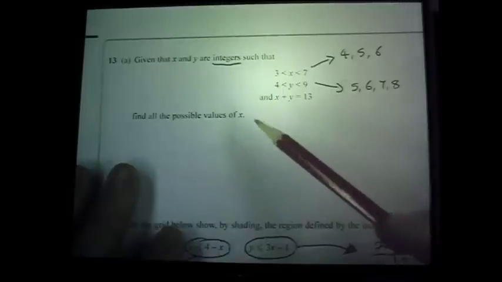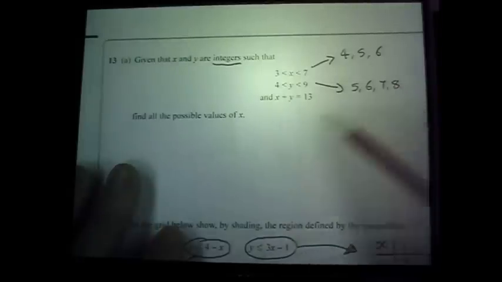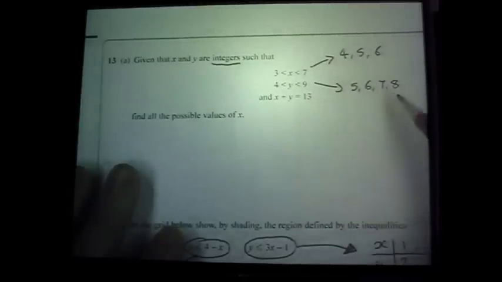And it says x plus y is 13. Find all the possible values of x. Well, what I've done, let's pretend y is 8 in this case. What add 8 gives you 13? Well, 5. So it could be 5. Let's say it's 7.